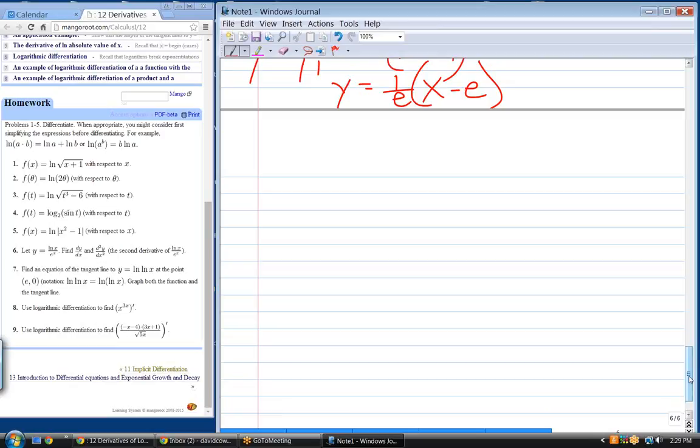Now, I'm not sure what format they want it in. You could do a lot of things here. You could distribute it so you get this. That might be a prettier answer. But this might be just as good. I tend to like leaving answers in factored form, merely because if something's already factored, whatever the next step is usually easier.